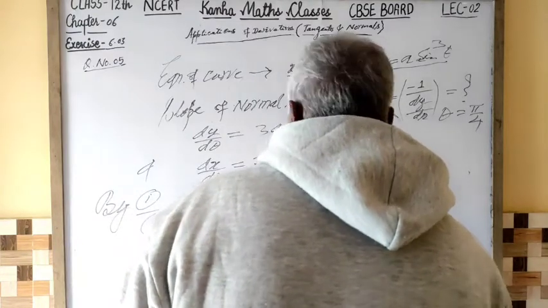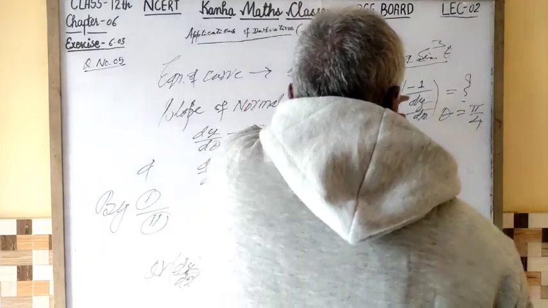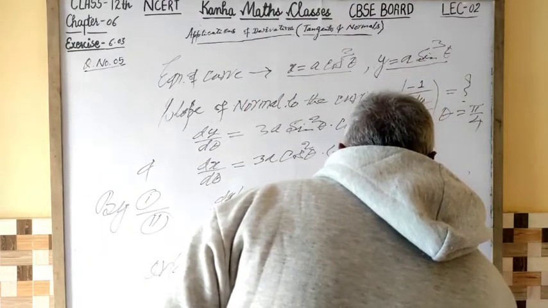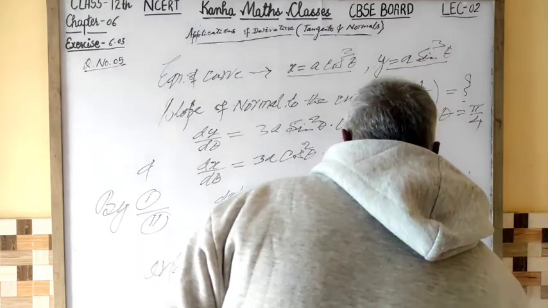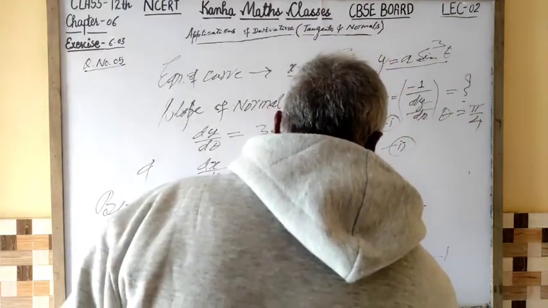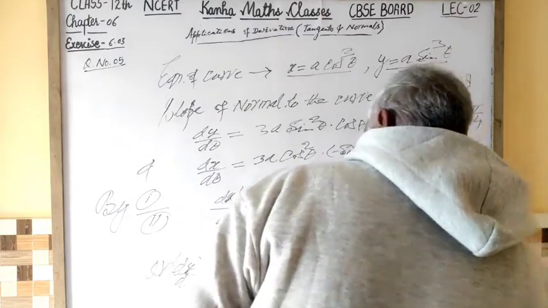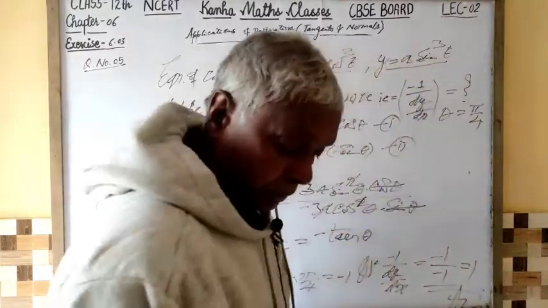The requisite slope of the normal is minus 1 upon dy by dx, that is minus 1 upon minus 1, which is equal to 1. This is the requisite slope of the normal at the given point.